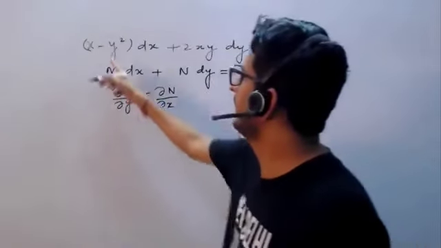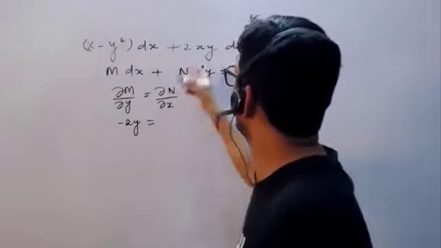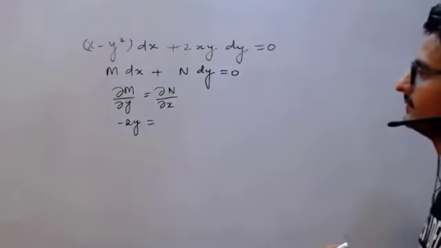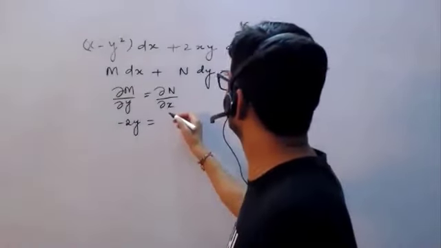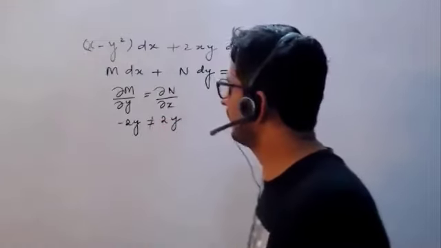So what is del M by del y? Minus 2y. Correct? Yes, sir. And what is del N by del x? 2y. So they are not equal.